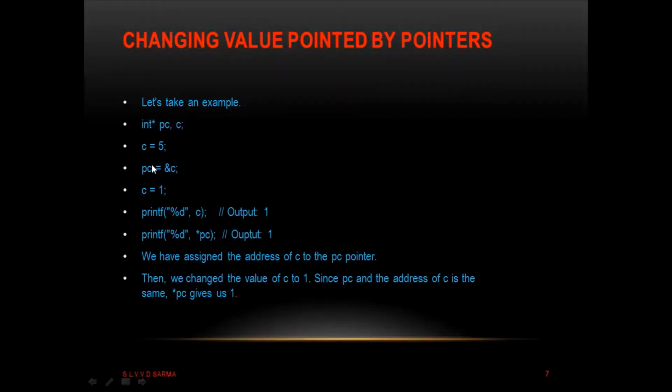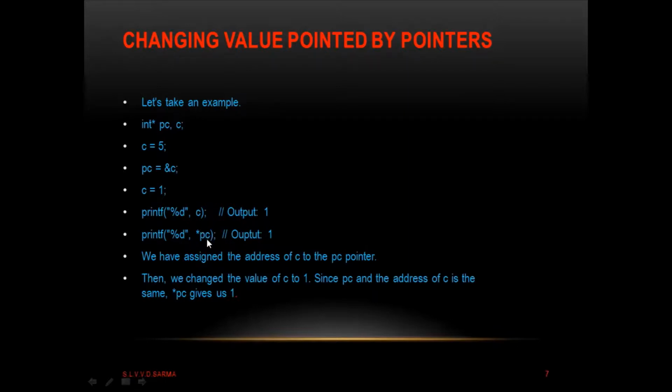After this statement, I am giving C equal to 1. I am changing the C value by assigning a new value, 1. Now if we print the C value, we get the output as 1. Now I print this C value by using the indirection operator, asterisk PC, and we get the output as 1.